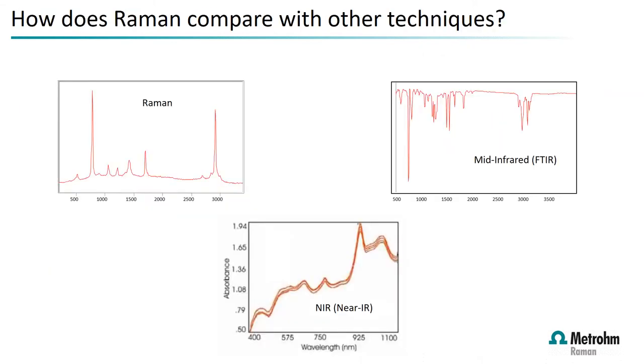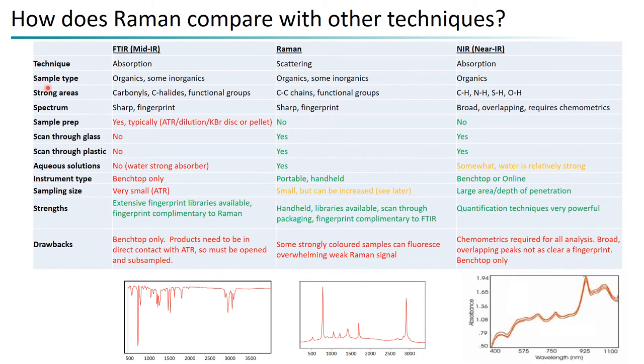How does Raman compare with other techniques for identification? So here we're comparing Raman versus near infrared and the mid infrared, which is commonly known as FTIR. Comparing techniques, you will see that both the FTIR and the Raman both have very sharp fingerprint-like structures for their chemical libraries.